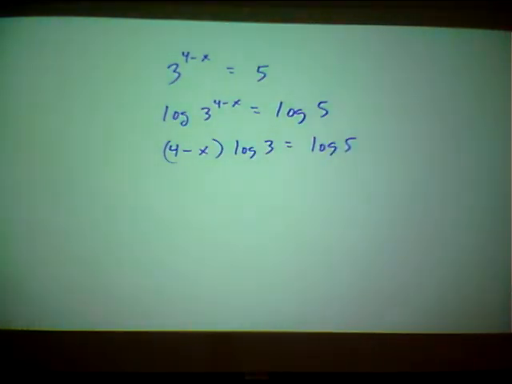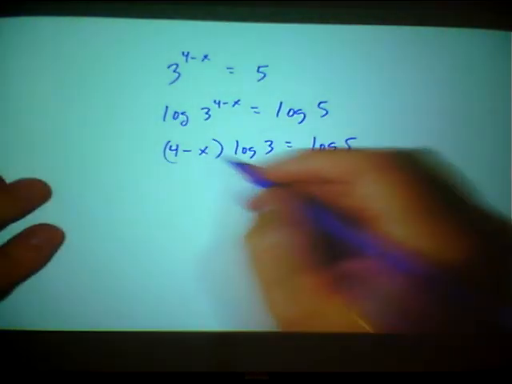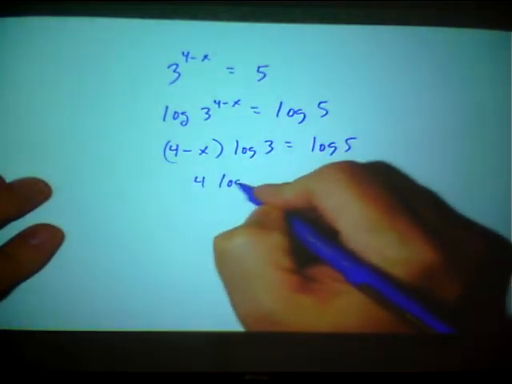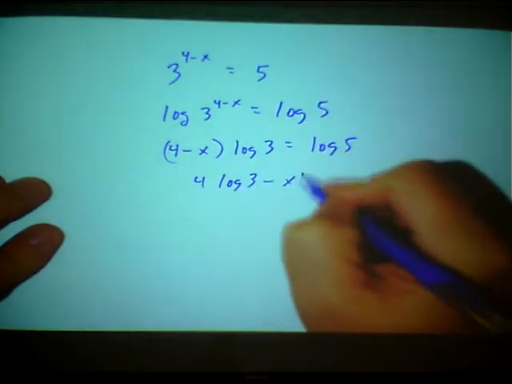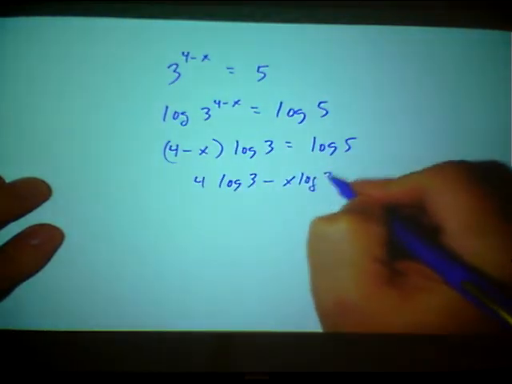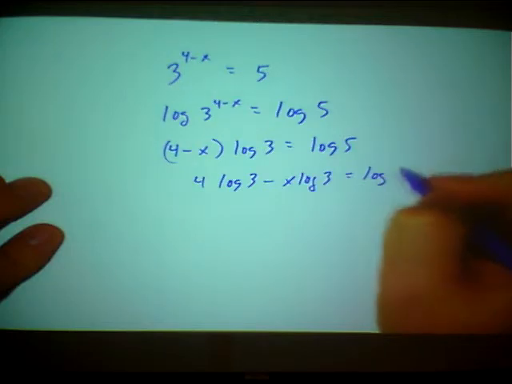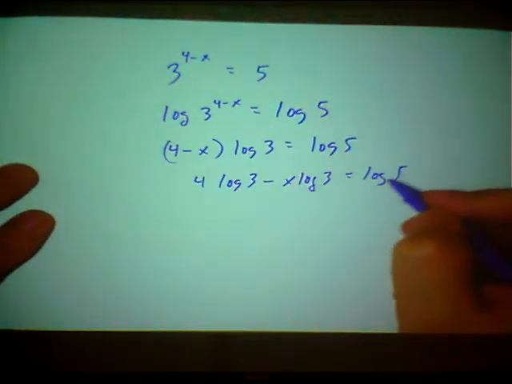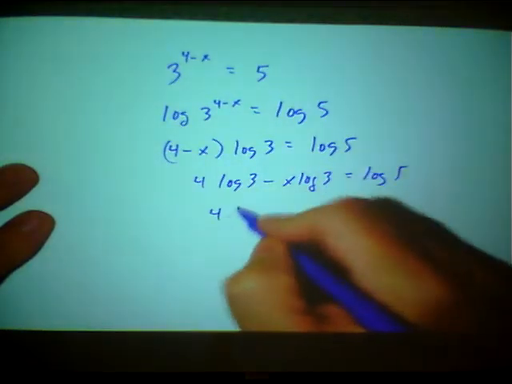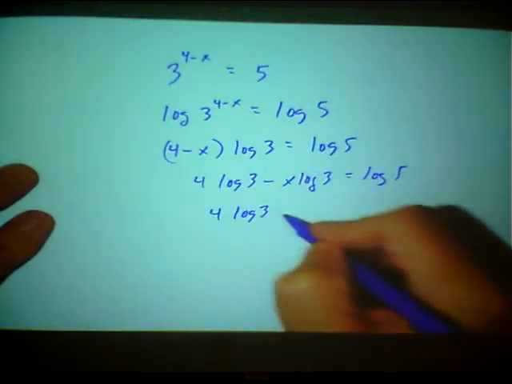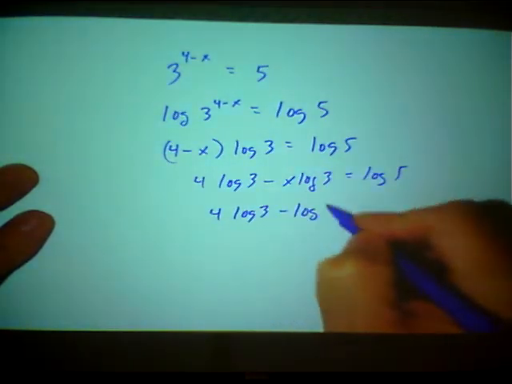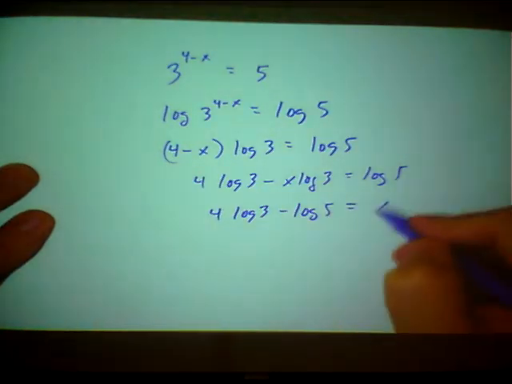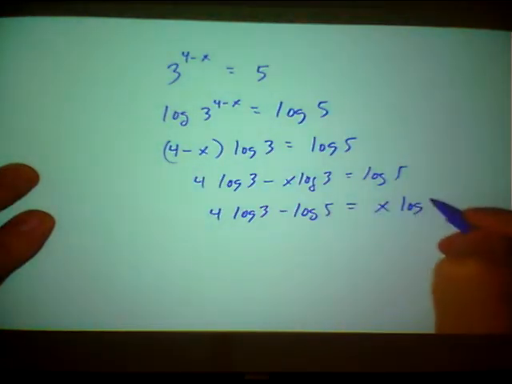Now if I were to solve this for x, I need to multiply out the parentheses. 4 log 3 minus x log 3 equals log 5. I'm going to get the x by itself. I'm going to move it to the right, subtract log 5. 4 log 3 minus log 5 equals x log 3.